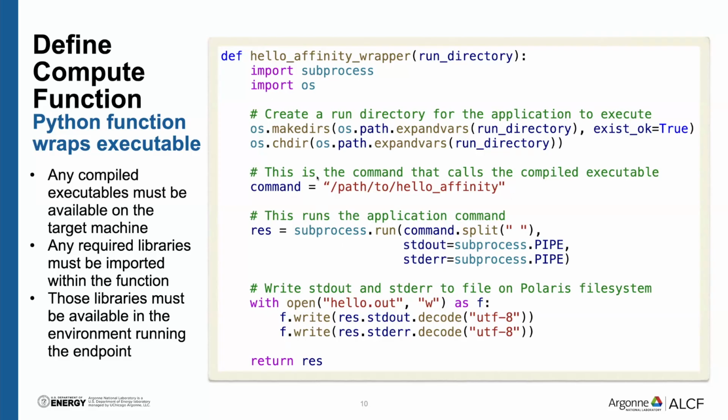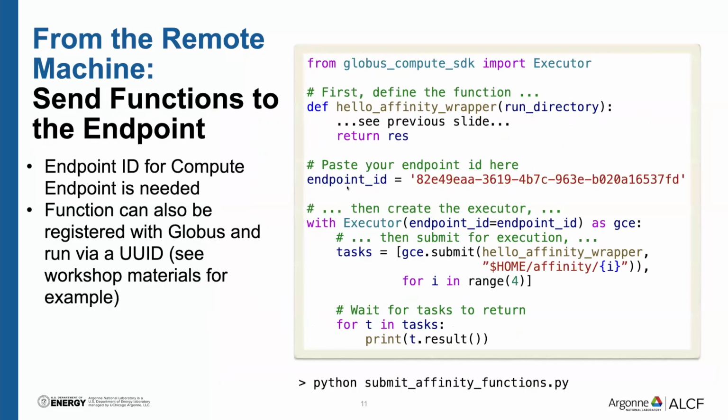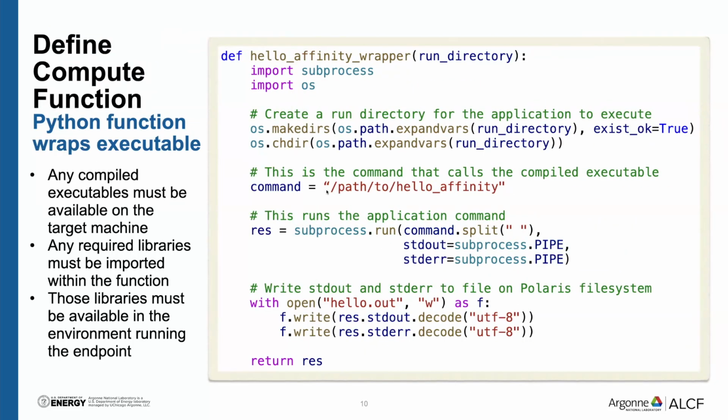In this case, this will be a path to your executable on the file system of Polaris that you want to execute, essentially. And you will launch this command with the subprocess module function run. And this is what it looks like here.